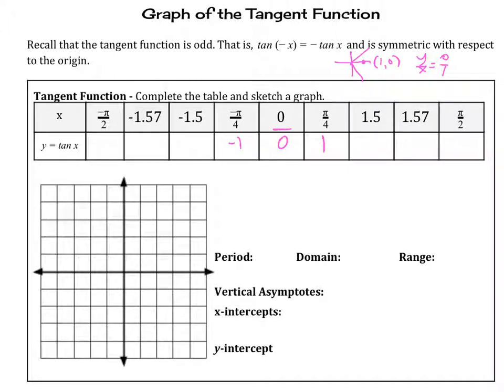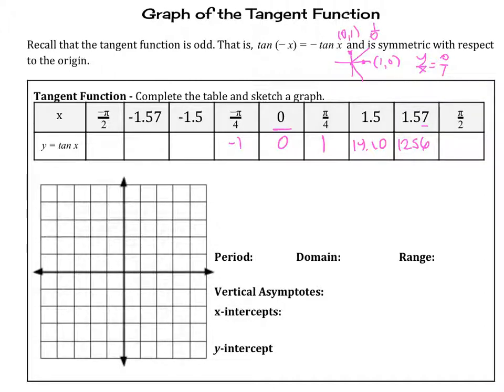Now just to plug in some more numbers to see what's happening with our graph, if we plugged in 1.5 in the calculator, you would get 14.10. If I plug in 1.57, so just a little bit more than 1.5, you would get 1,256. Then now let's get pi over 2. Pi over 2 is here, and that is x is 0, y is 1.